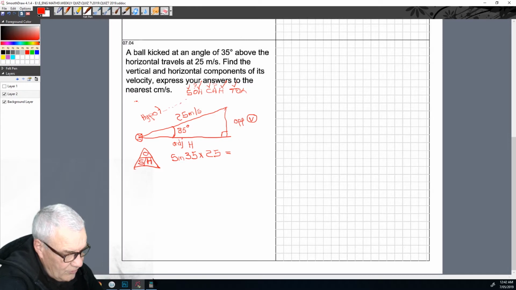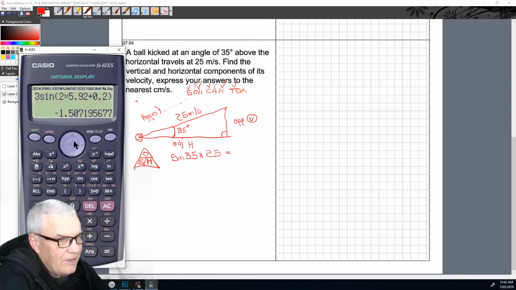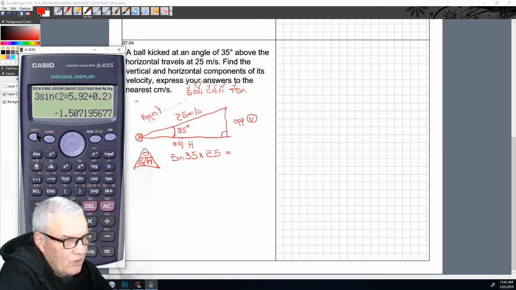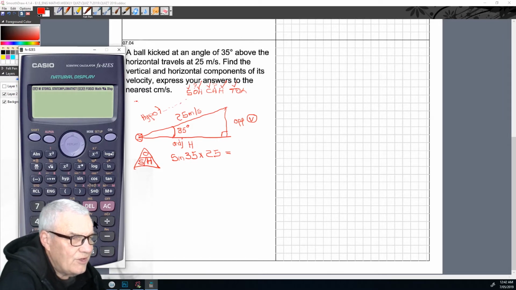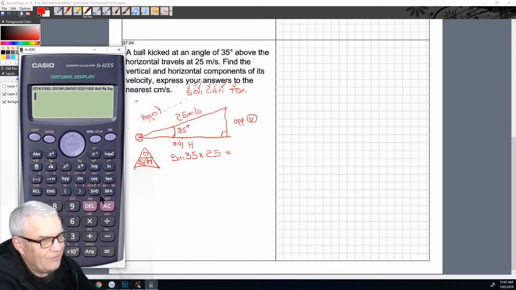So we do that on our calculator. But first we must go all clear, shift, mode, and we go to degree mode, which is 3. Okay, so we're in degree mode now.